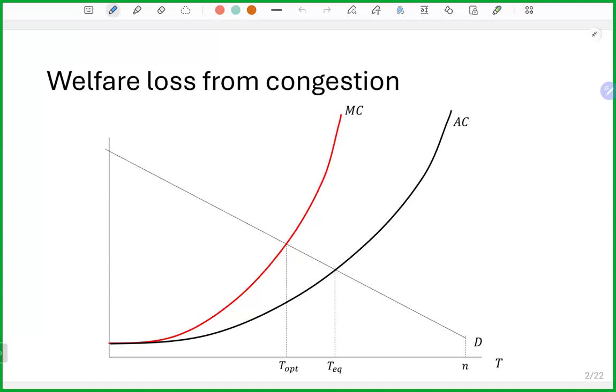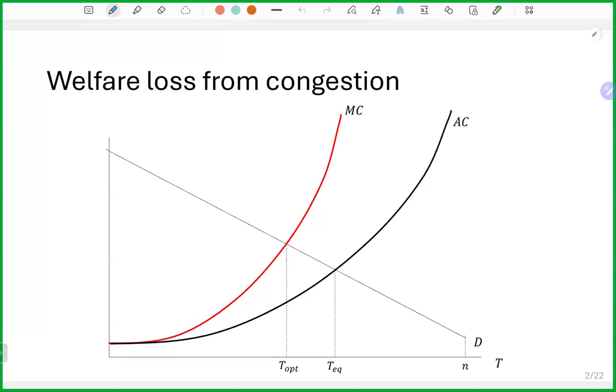To see why grand total cost is not minimized, we compare it to the equilibrium. So this is the average cost curve, and equilibrium traffic volume is determined at the intersection of AC and the demand curve. So this is equilibrium. Let me ask you to define the area that corresponds to grand total cost under the market equilibrium.